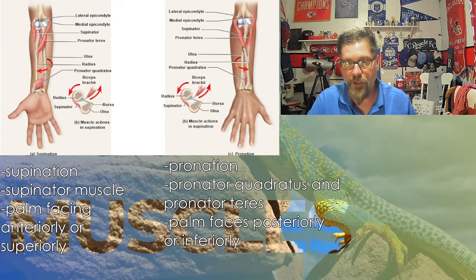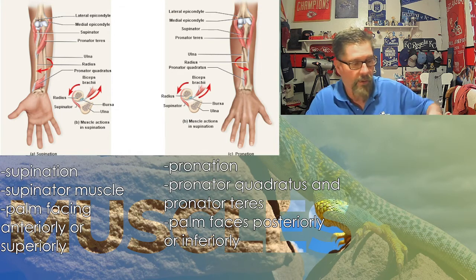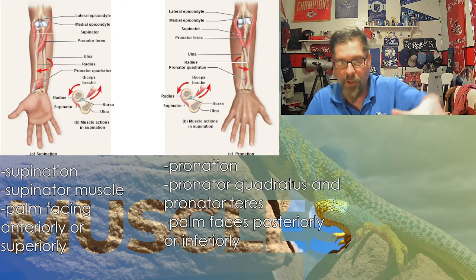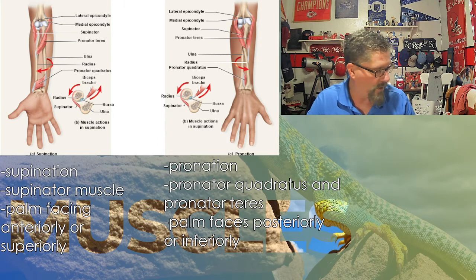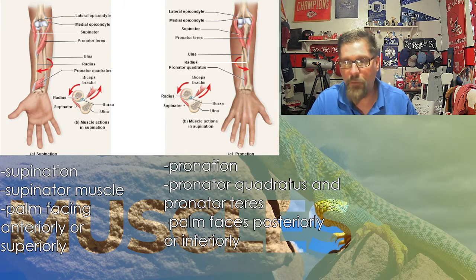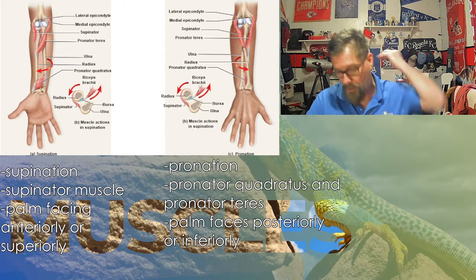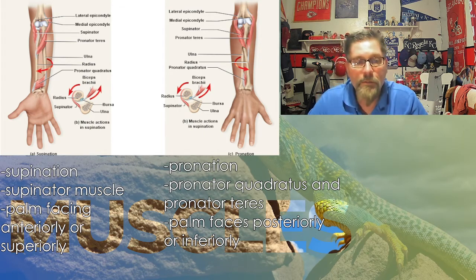And then when it's turned over, so now it'd be facing down, or if I've turned it and now the palm is facing backwards, if I was walking, that would be the posterior, back, just like it's used, anterior, posterior, those direction things, or superior, inferior, those are lesser common references.